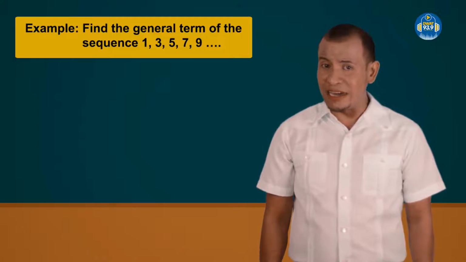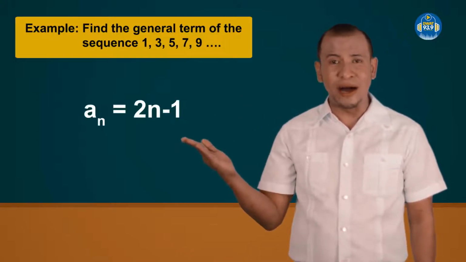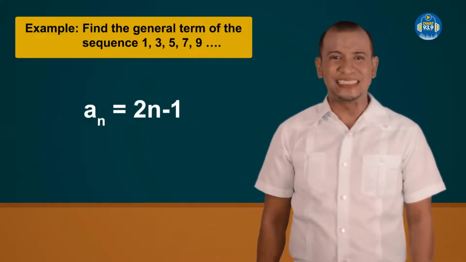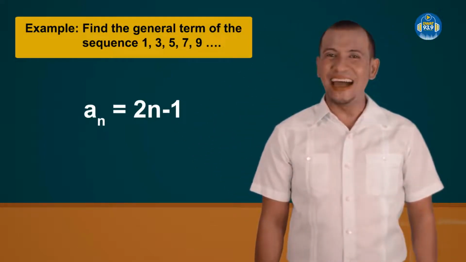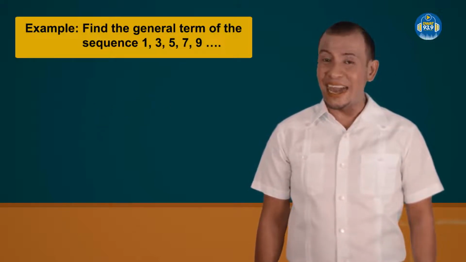If your answer is a sub n equals 2n minus 1, then you are right. Now, let's observe closely the sequence. Again, the terms are 1, 3, 5, 7, 9, and so on. Let's subtract 2 consecutive terms.